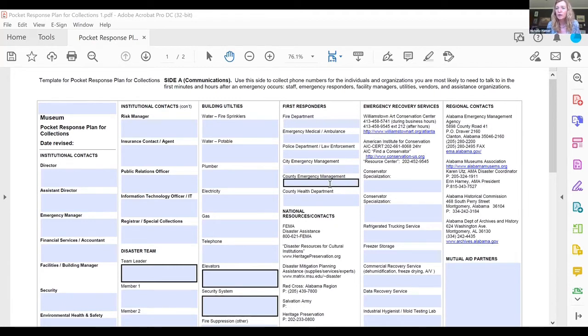And county, well, for us that would be province. If it's something that could have a provincial level impact, you might have to contact the province as well, and the provincial health departments. So those things you should be able to find on the internet.